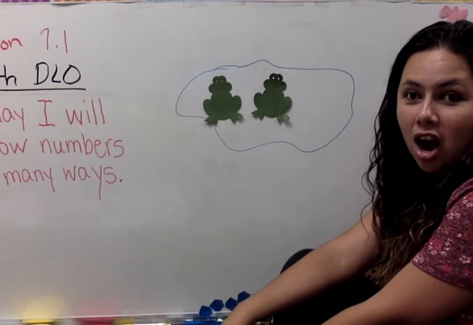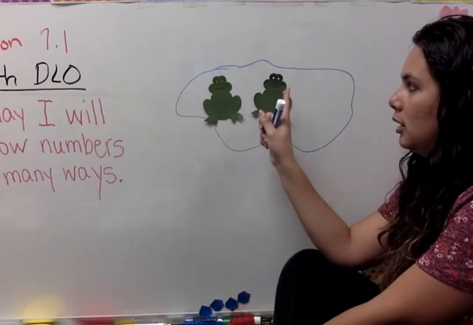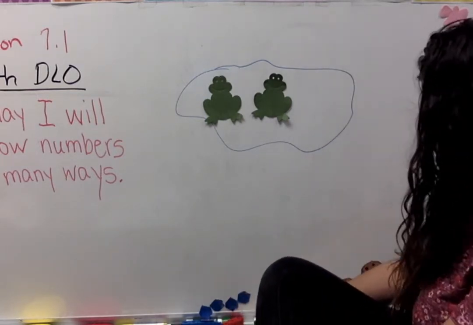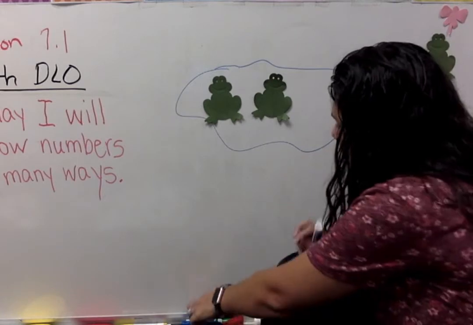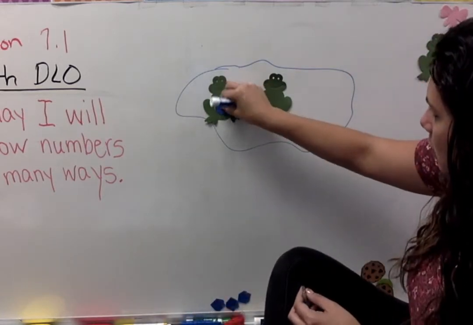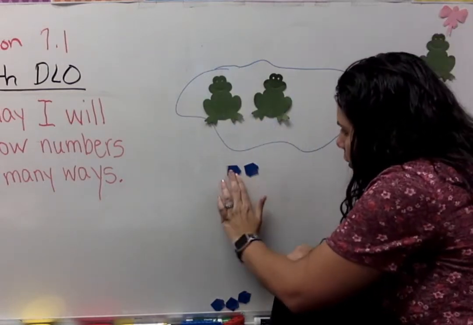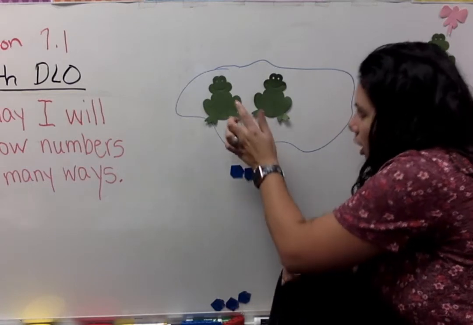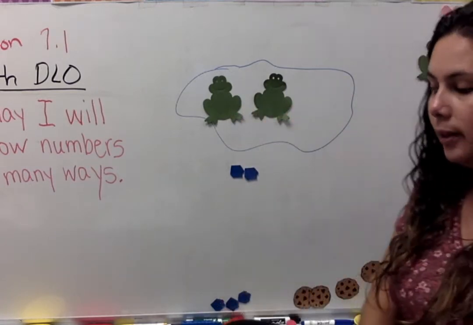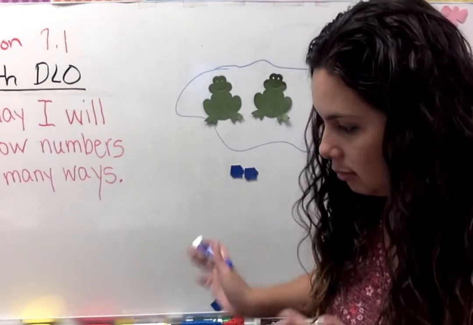How many frogs are left in the pond? Let's see. 1, 2. You can use your counters or your cubes to help you out if you weren't sure. So you would say, okay, this one's for this one. I'll put it right here, and this one's for this one. And then I'm going to go 1, 2. There's 2 frogs left in the pond. Okay? So it's how many are left is what we're looking at.